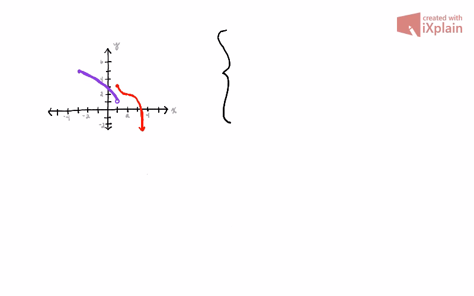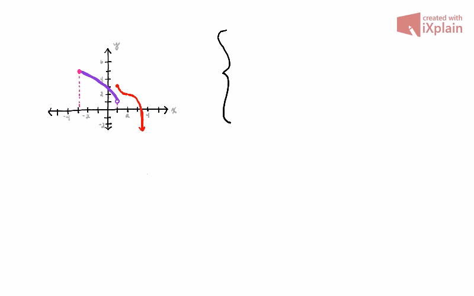So the first thing that I'm going to note is I'm going to take a look at both of those pieces. So the purple, for example, I'm going to define what the domain is for that one. In other words, what x values I am allowed to use here in order to create it. And as you can see, our particular function that we're looking at in purple has a closed dot right at x is equal to -3, and it has an open dot at x is equal to 1.